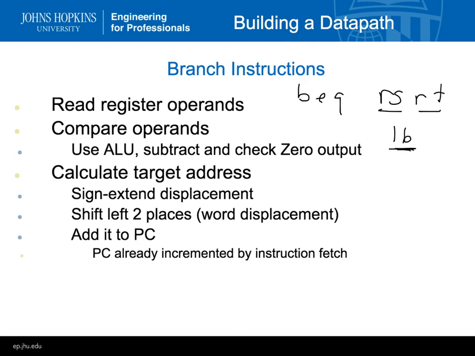So it's an offset to go to. If these 2 are equal, jump the value that's in these lower 16 bits. And again, we're shifting left. These 16 bits are the number of instructions to shift. So when we shift 2 places, that's shifting left 2.